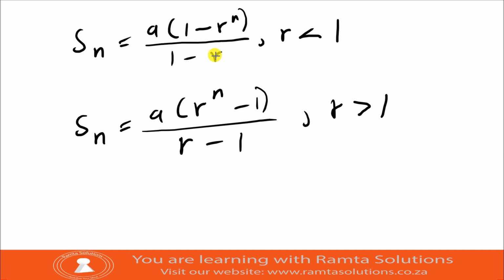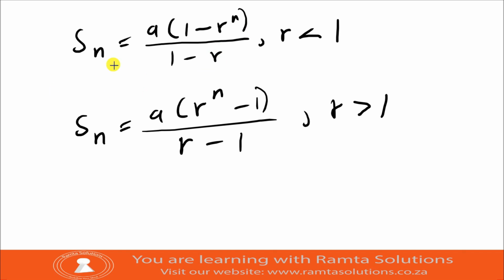Okay, now this is how we derive our geometric series formula. So now we will be able to know the sum of terms. It is easy now to calculate the sum of whatever number of terms are given to you.